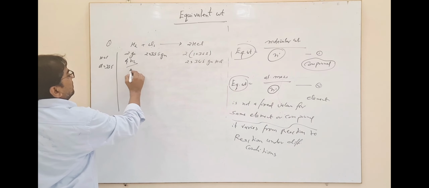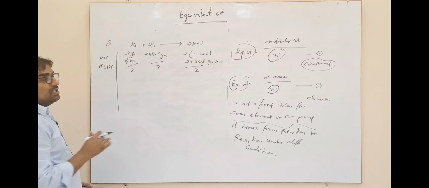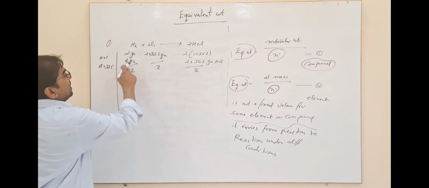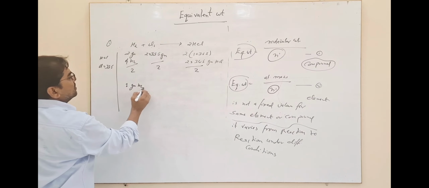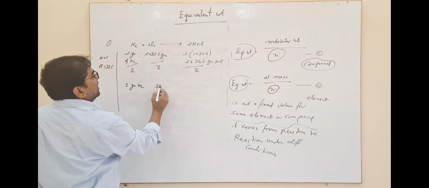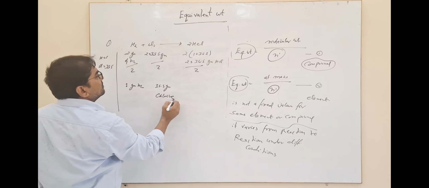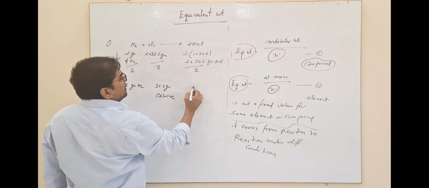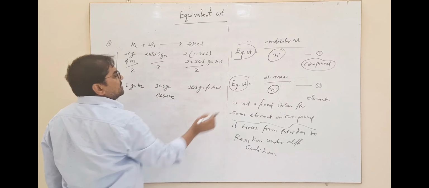If we divide all the reactants and products by 2, their masses are divided by 2, then 2 gram of hydrogen becomes 1 gram of hydrogen, chlorine becomes 35.5 gram of chlorine, and HCl becomes 36.5 gram of HCl.